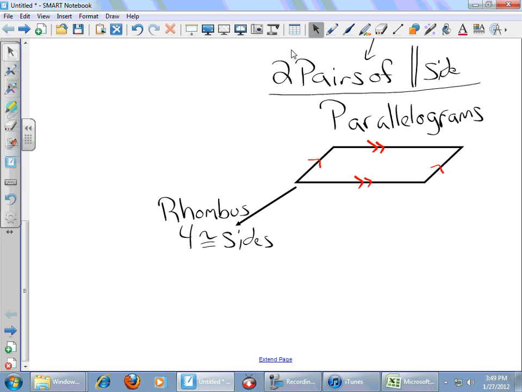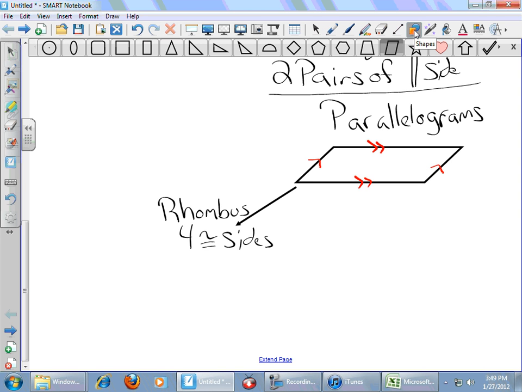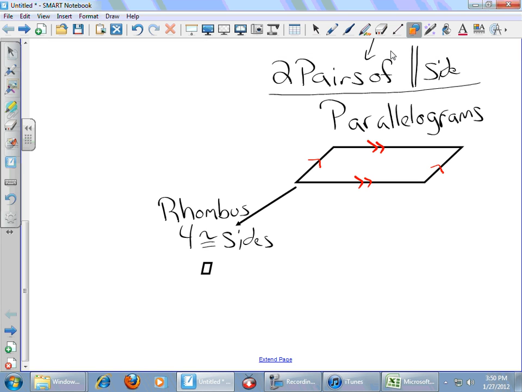okay? A rhombus is the singular version, rhombi is the plural. Now, if you have a hard time remembering, a rhombus looks like a tired square, okay? I think that one looks pretty good. You're going to have parallel, but all four sides are also going to be the same measure, congruent, okay?